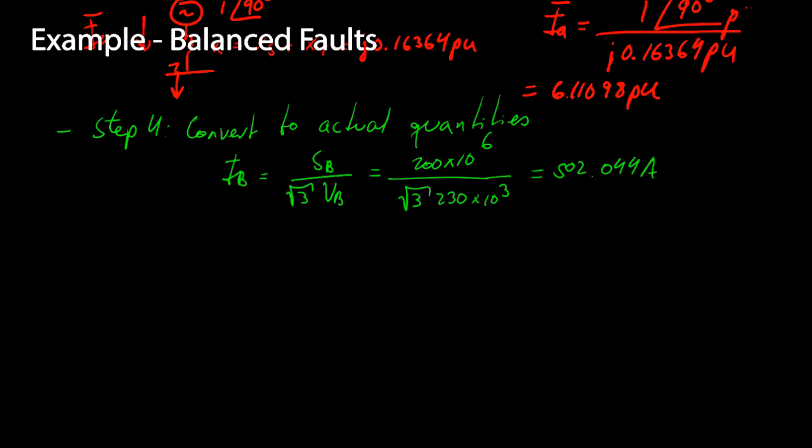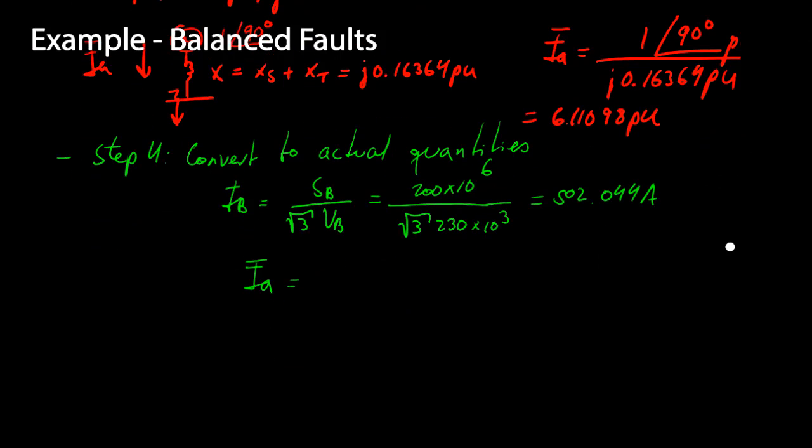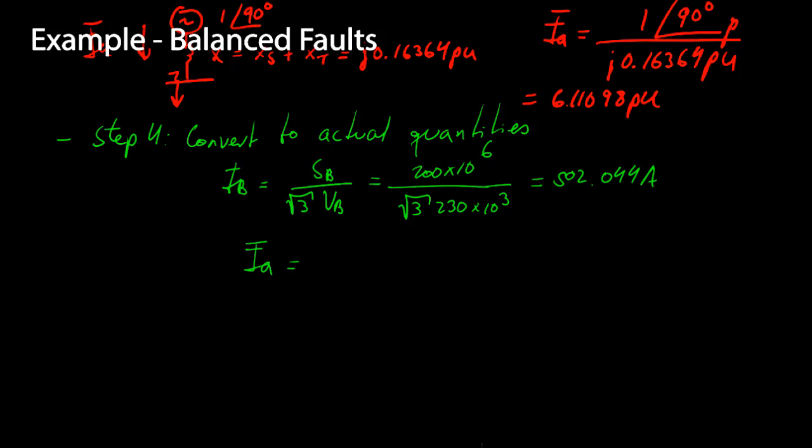So now I can say that IA is going to be equal to 502.044 multiplied times the per unit quantity, which is over here. So 502 times 6.11 would be equal to 3067.98. And again, I mentioned this before, but this is essentially at 0 degrees.